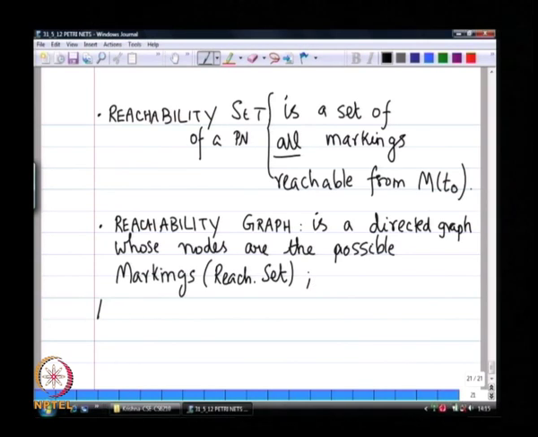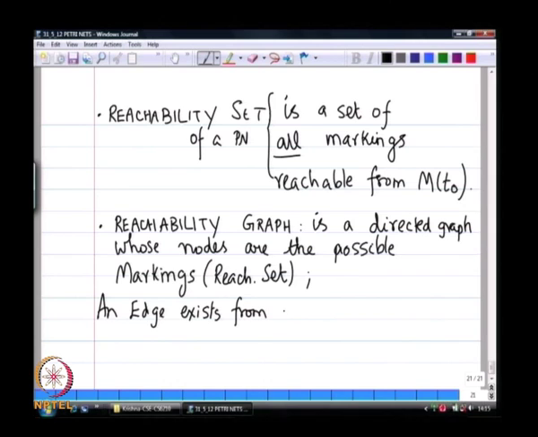And an edge exists from one marking MA to another marking MB if MB is reachable via a single transition from MA. This is not reachability; reachable means there can be a sequence of transitions, here it is only a single transition, right.